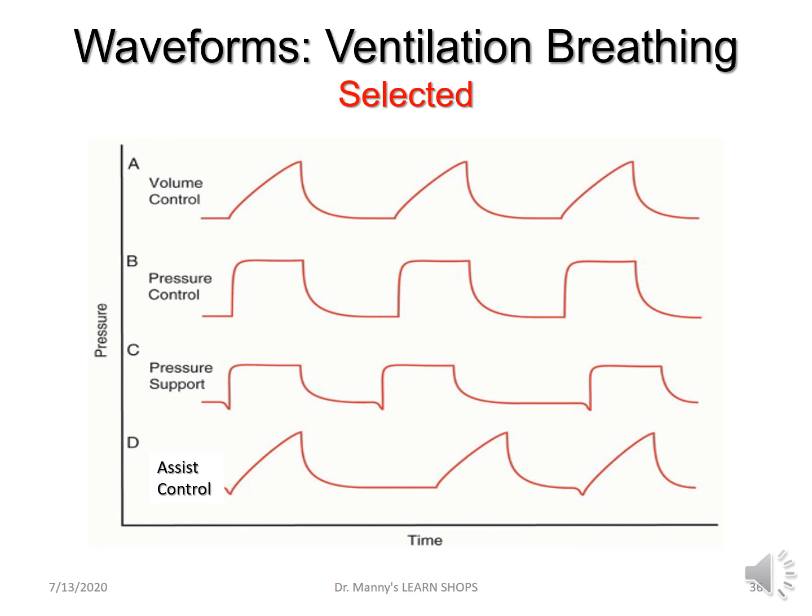Pressure support, which just allows the patient to breathe spontaneously with whatever support is required to assist their breathing. Assist control, a set tidal volume or pressure has been set with a set breathing rate.